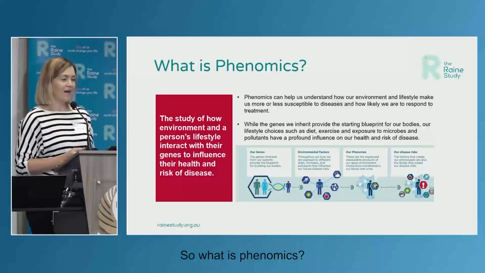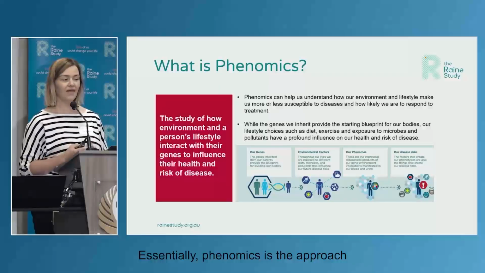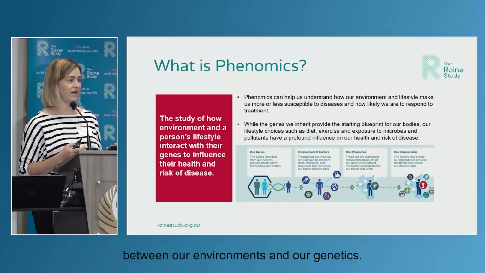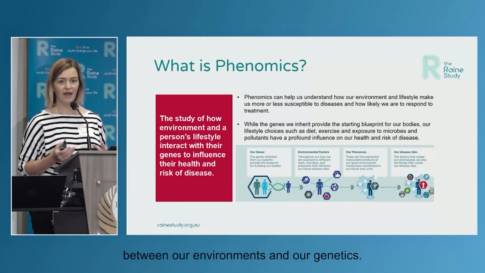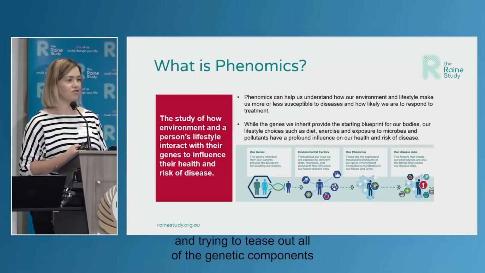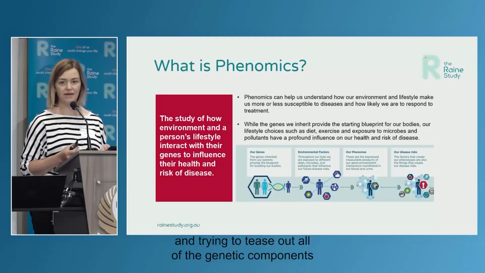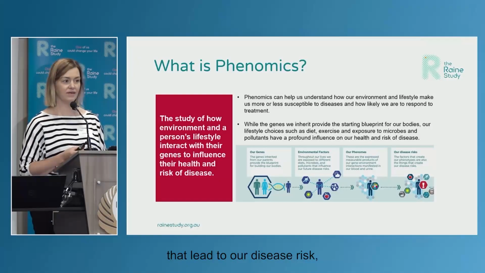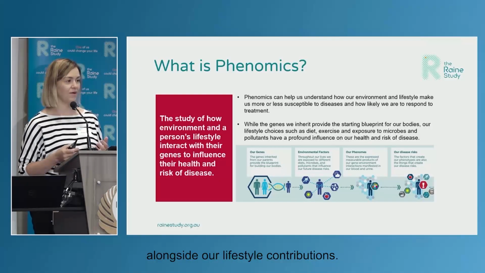So what is phenomics? Essentially, phenomics is the approach to studying the interaction between our environment and our genetics. It's a way of looking at biospecimens and trying to tease out all of the genetic components that lead to our disease risk alongside our lifestyle contributions.